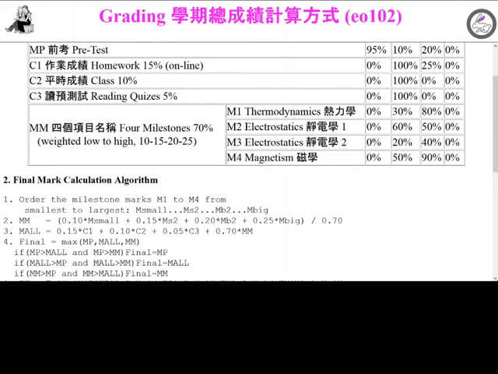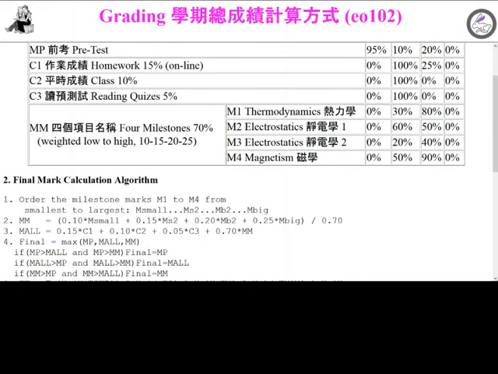We will then calculate a mark MM. In other words, we'll multiply your smallest mark out of 100 by 0.1. We will add the next smallest mark times 0.15. We will add the second from the biggest mark times 0.20, and we'll multiply your biggest mark by 0.25, and then divide by 0.7 to give you a mark out of 100.